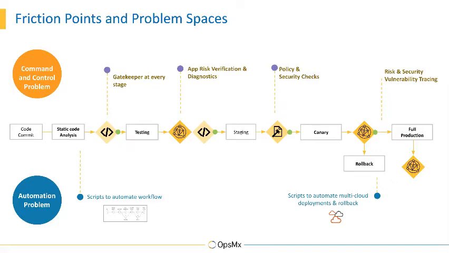And then the command and control problem, I need to take those gates and make sure that they're first-class citizens in my pipelines. So if I have a security issue, I go ahead and identify it, and ultimately it's able to stop the pipeline.